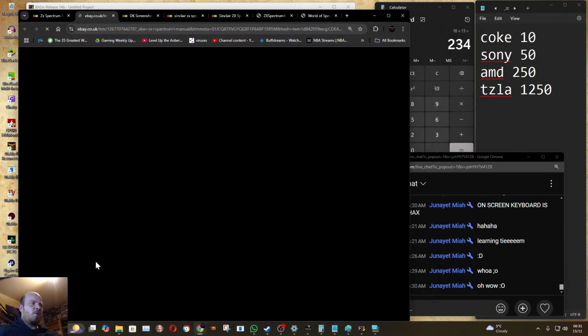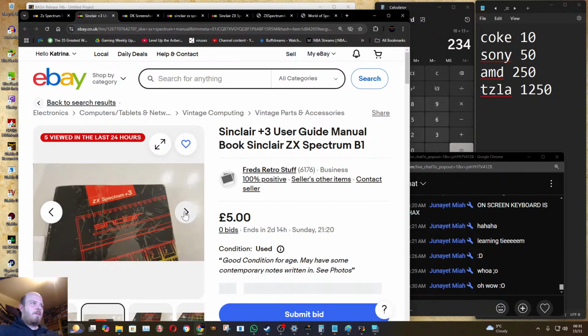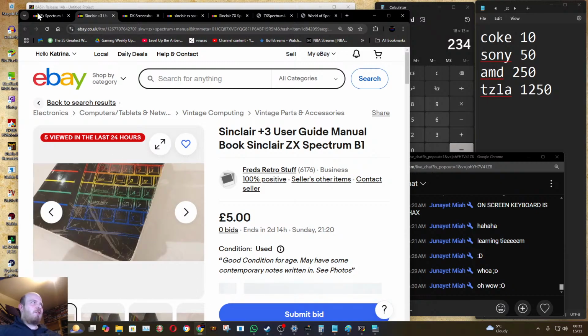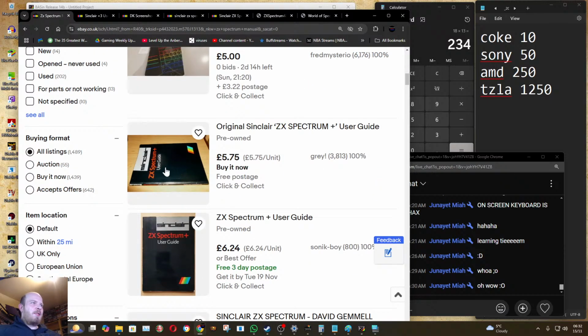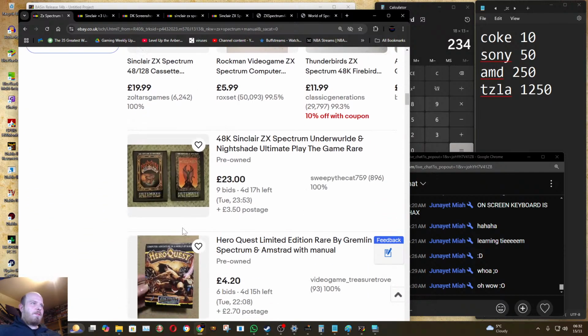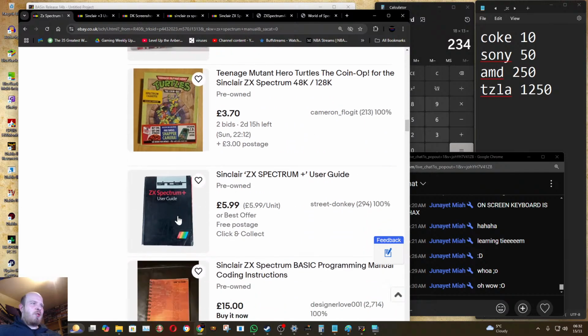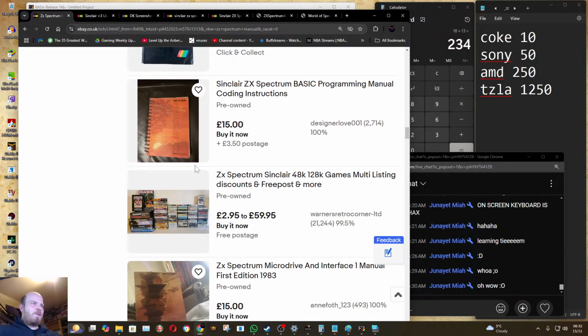So like there's this one as well. But this one is for the +3 book. That won't work. This original user guide one will. This one's only 575. And literally that's all. Oh, there's another one here. This one's 15.